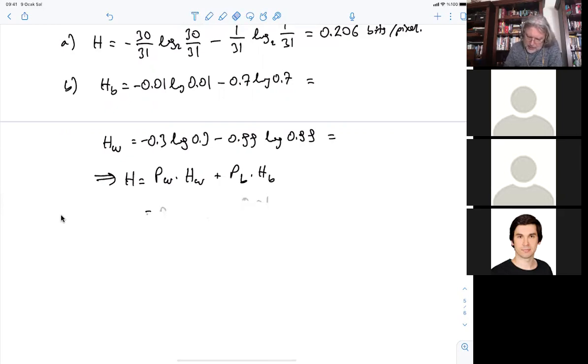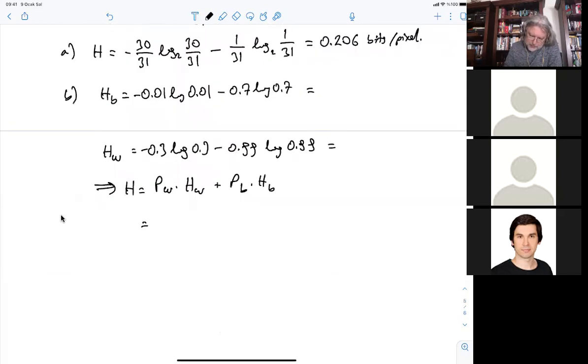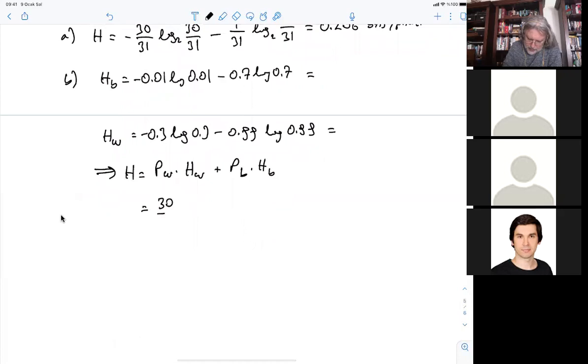I'm just messing up. Excuse me, I'm erasing this. Probability of white is 30 over 31. Excuse me about that. Wasn't it? Yes, it was 30 over 31. So it's not necessarily 0.99, but it's similar to that one anyway. Times HW, which is something, plus 1 over 31 times the entropy of the black, which is HB.